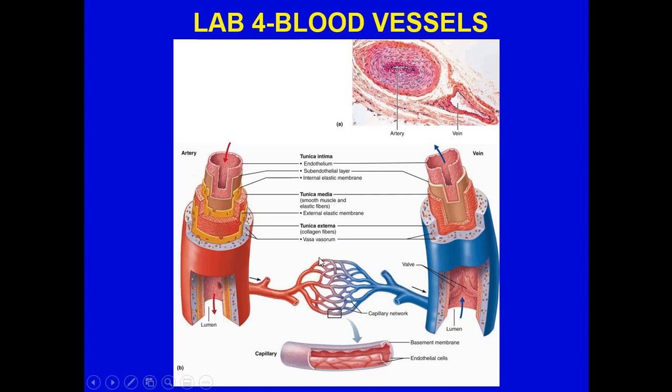Note also the presence of vasa vasorum in the tunica externa area, and this is to supply blood and nutrients for the more metabolically active tissues, such as the smooth muscles here and here.